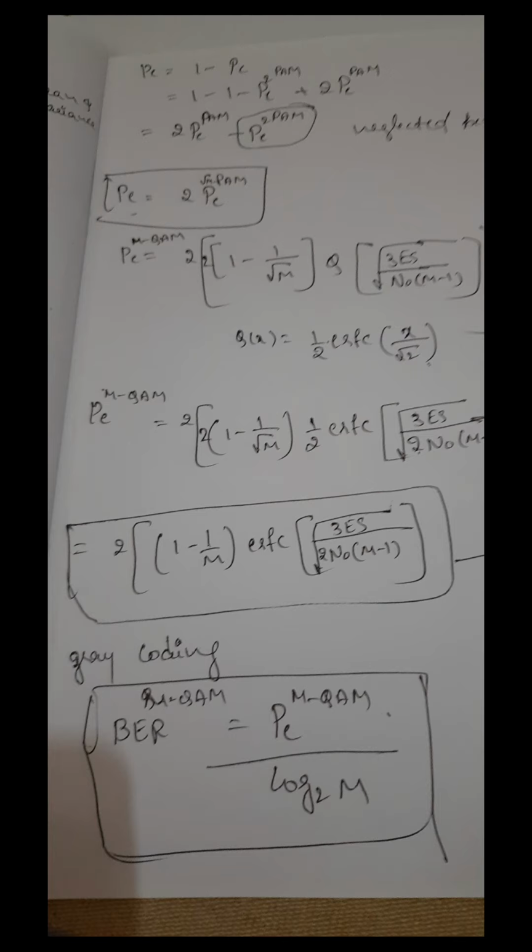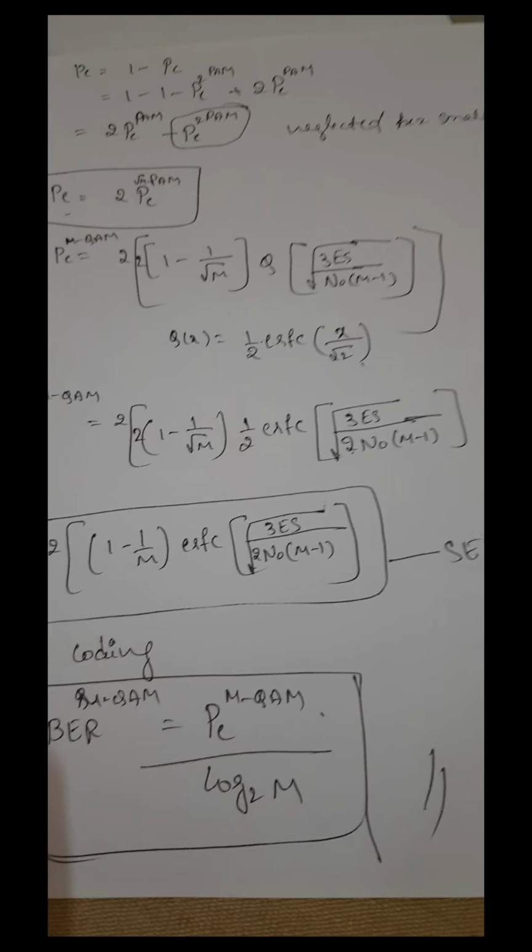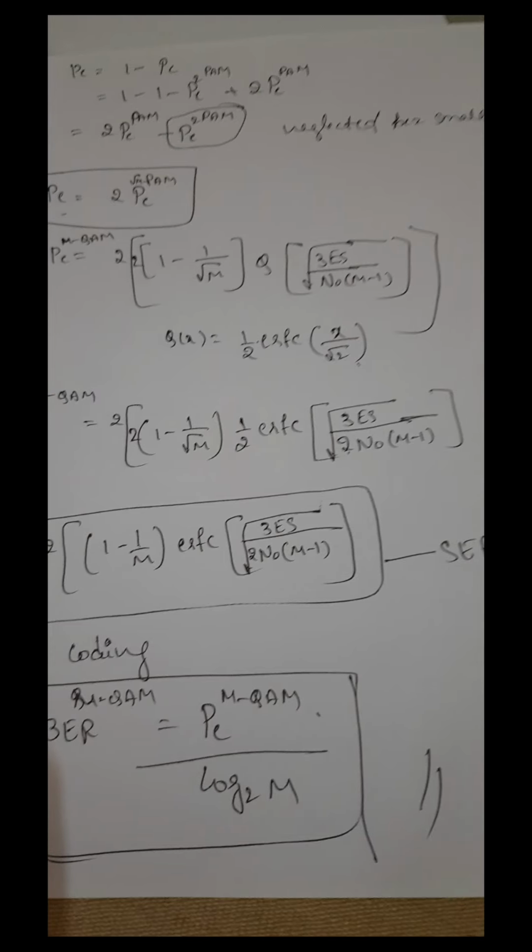Similarly for QAM, this is equal to 2 into (1 minus 1 by root M) Q of square root of 3Es divided by N0 into (M minus 1).